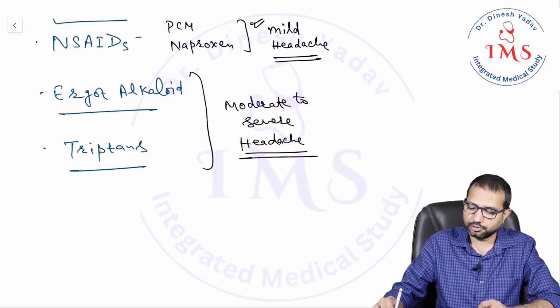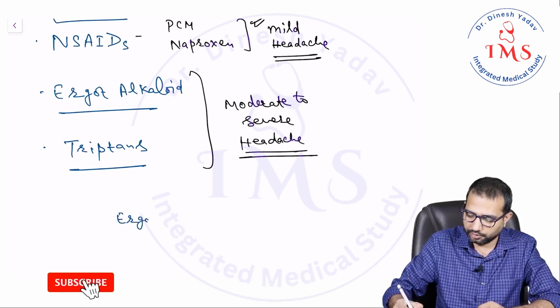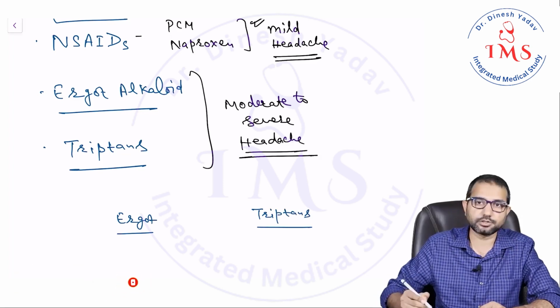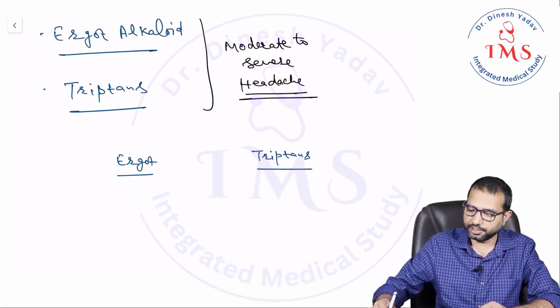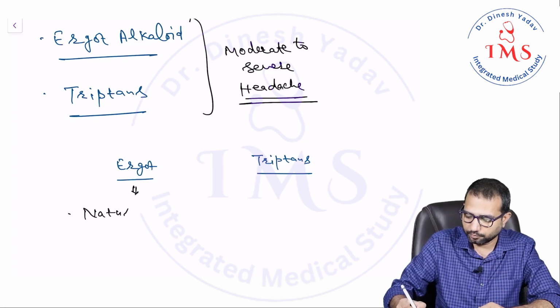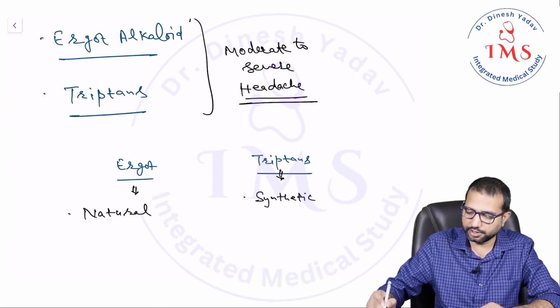That is important. The difference between ergot and triptans: these ergot compounds are natural, these triptans are synthetic.